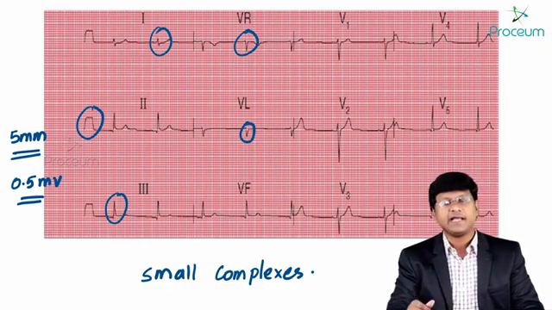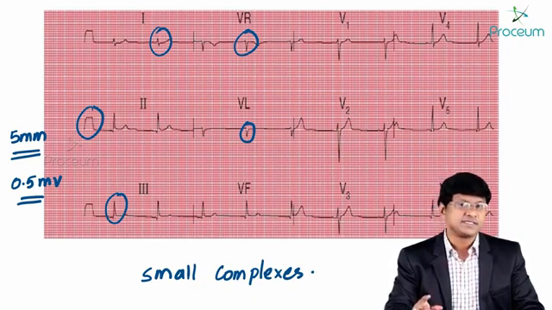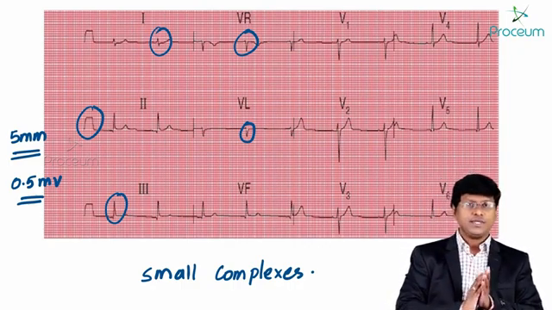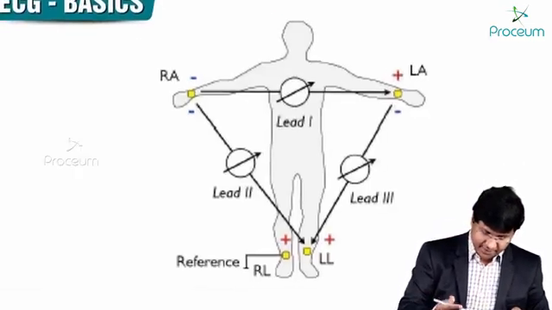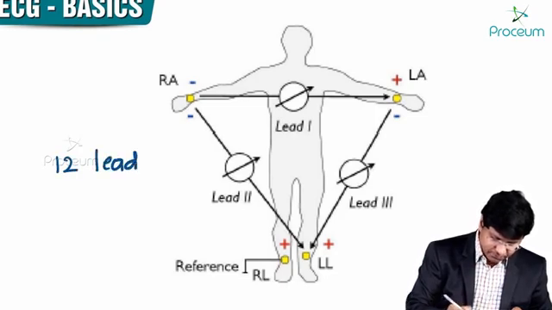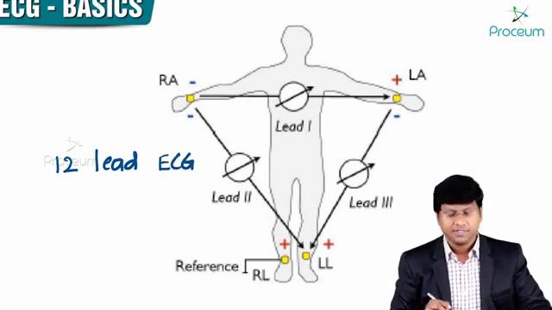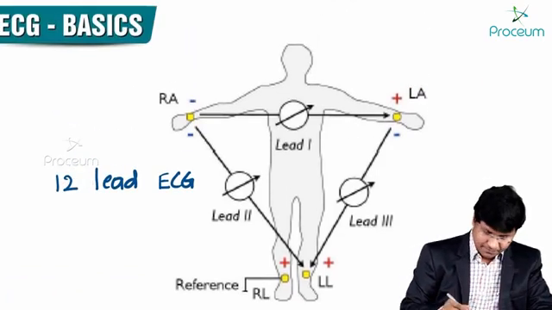Now, after having discussed the ECG paper, let me discuss the ECG leads. If you take the ECG leads, we have a 12 lead ECG. Now, what are these 12 leads?